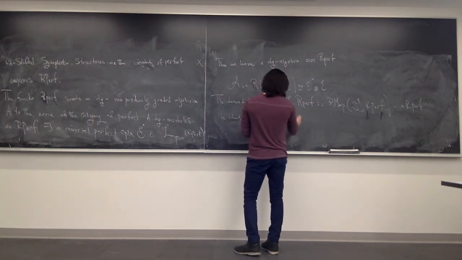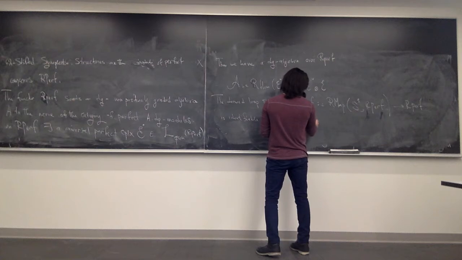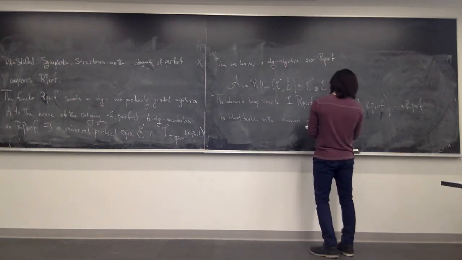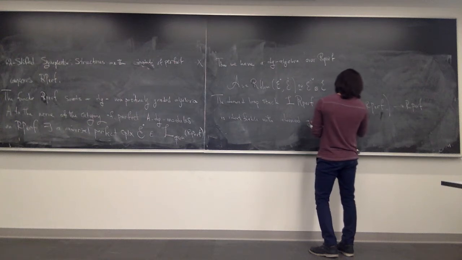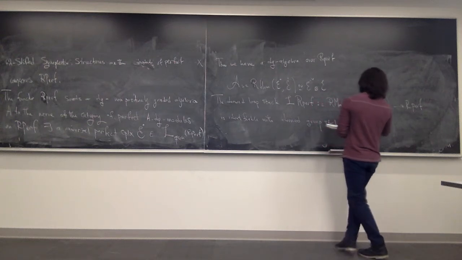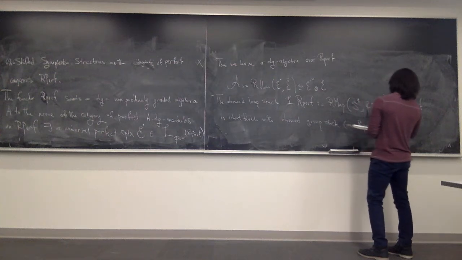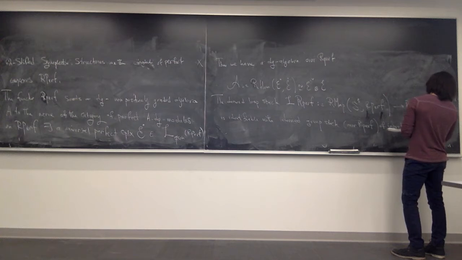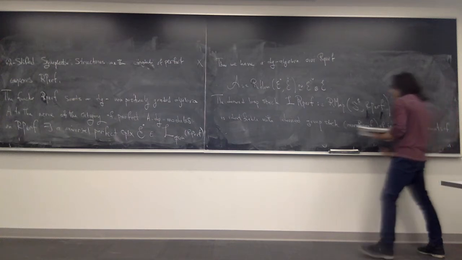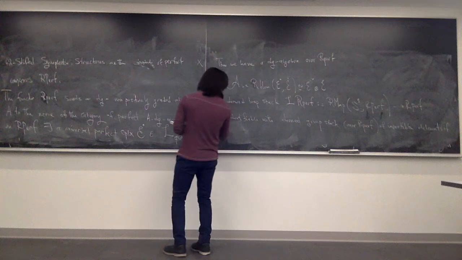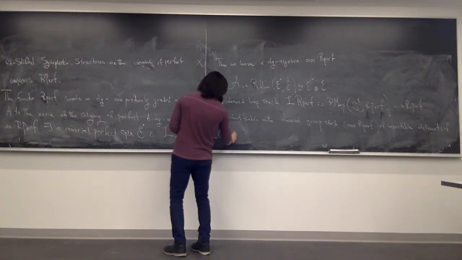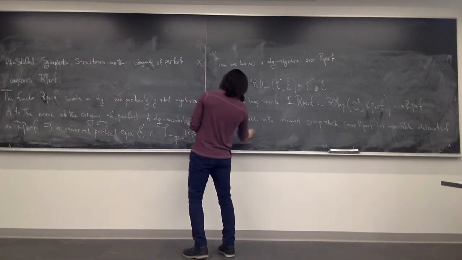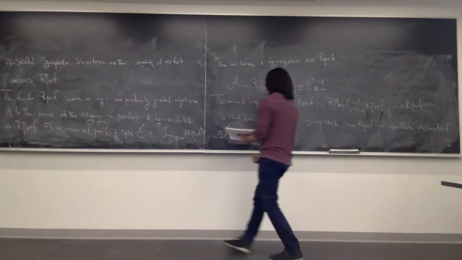And the derived loop stack is identifiable with the loop stack over R Perf of invertible elements of this endomorphism algebra, R Hom of E dot.